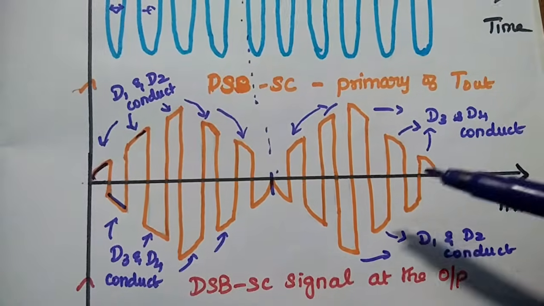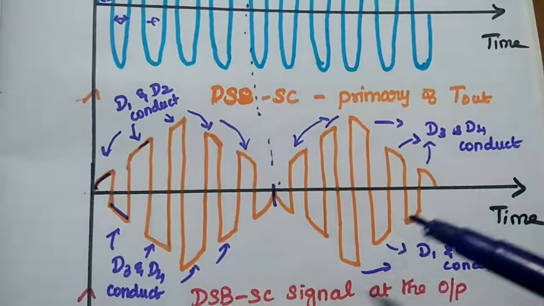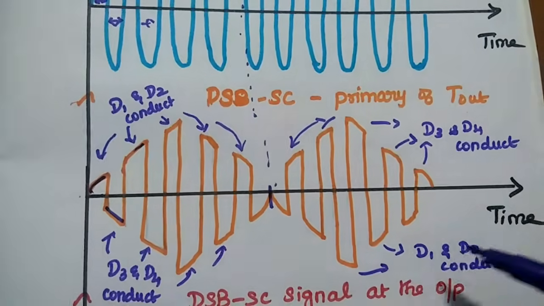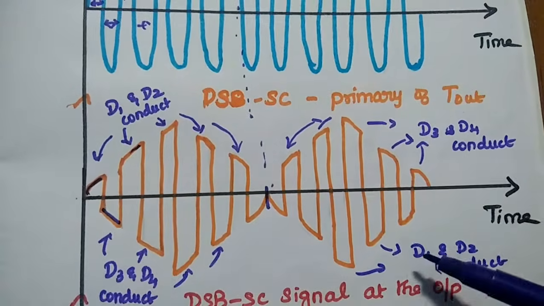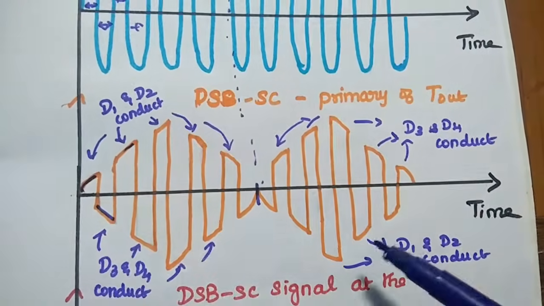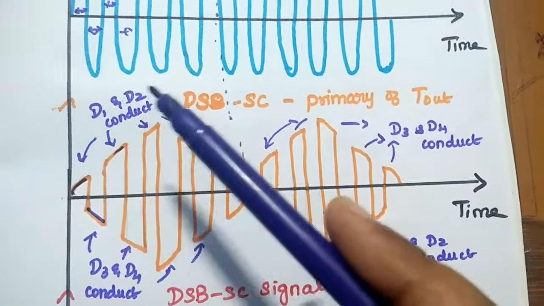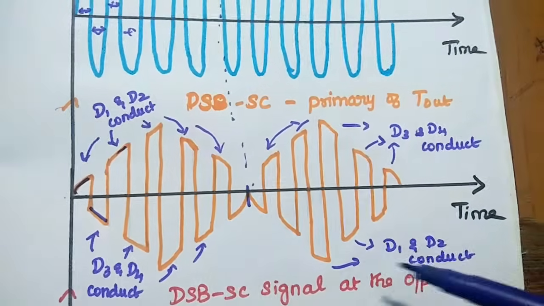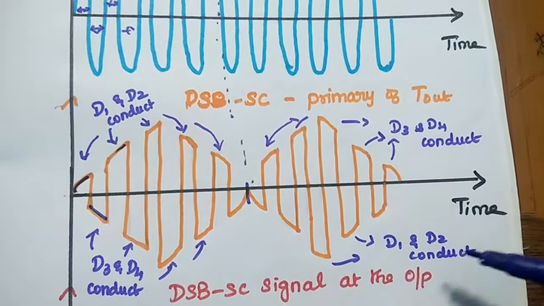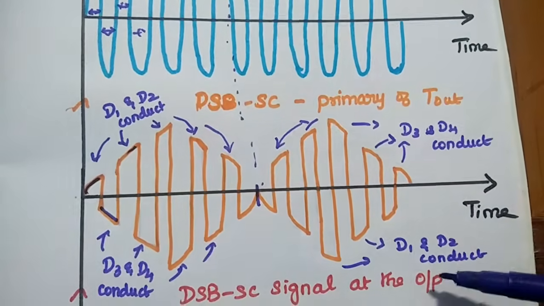During the negative half cycle of the modulating signal, at that time D1 and D2, these two are forward biased during the negative cycle of the carrier signal. So this is the point over here. You can see here D1, D2 conduct during the positive half cycle of the modulating signal, and D1, D2 conduct during the negative half cycle of the modulating signal.